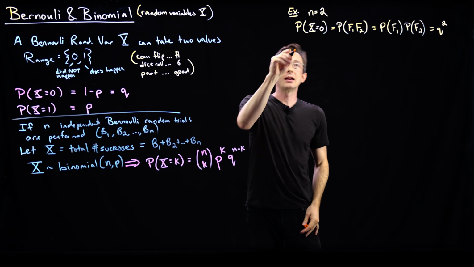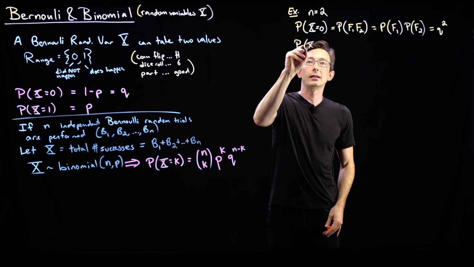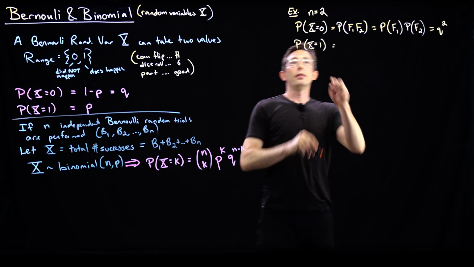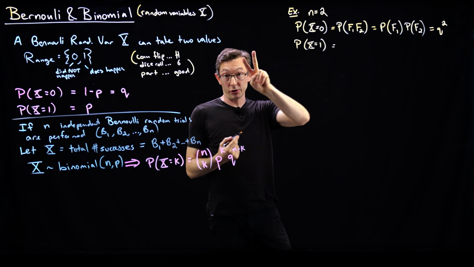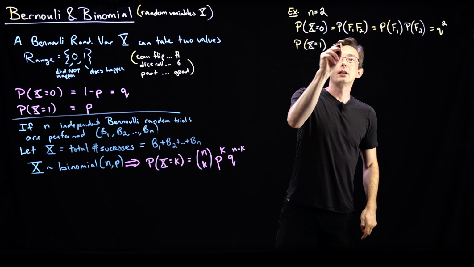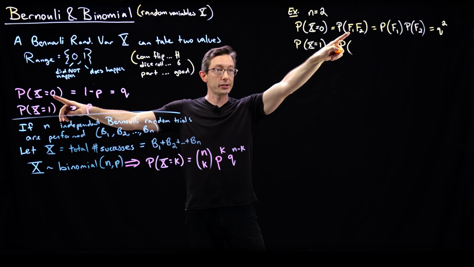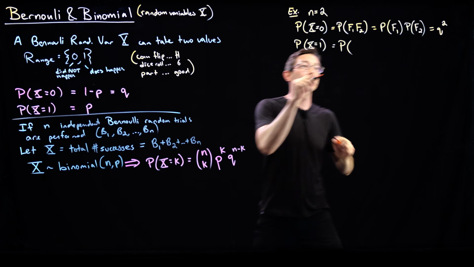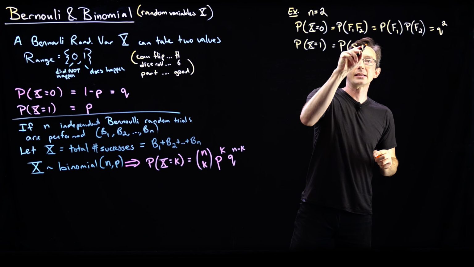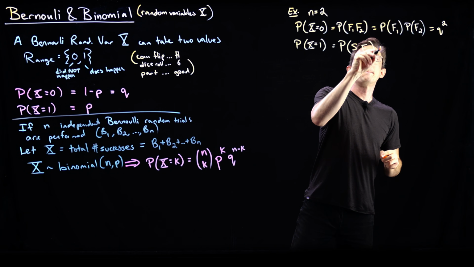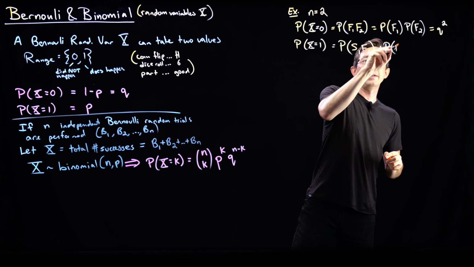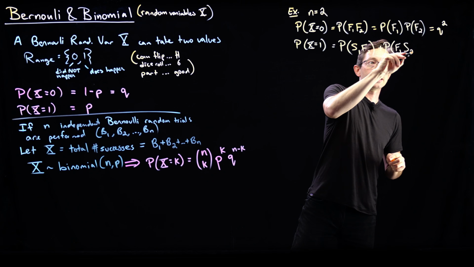I can do the same thing for the probability that x equals 1. There's 2 ways I can do that. I can have 1 success. Either my first trial can be a success and my second can be a failure. So I can have success and failure, or I can have failure followed by success.